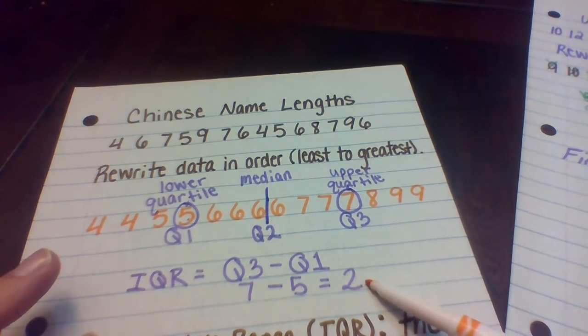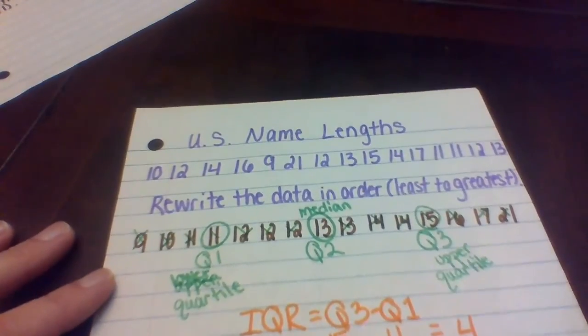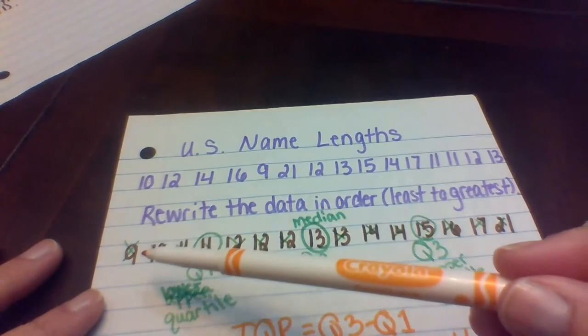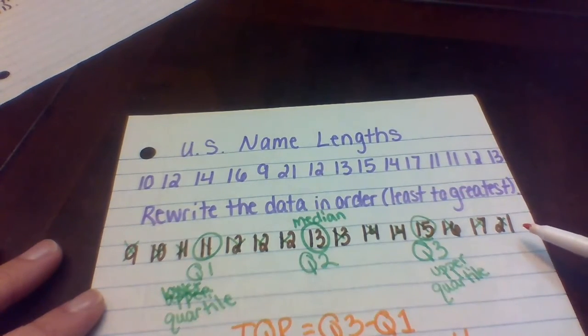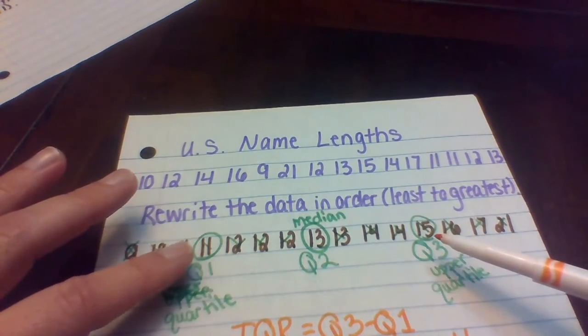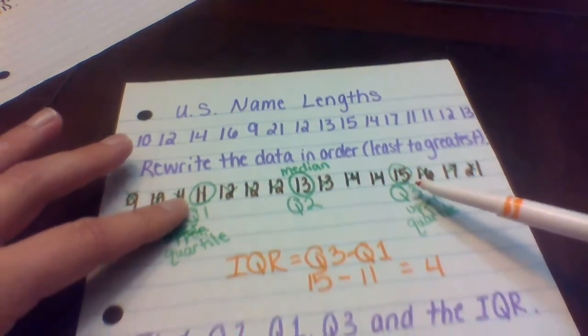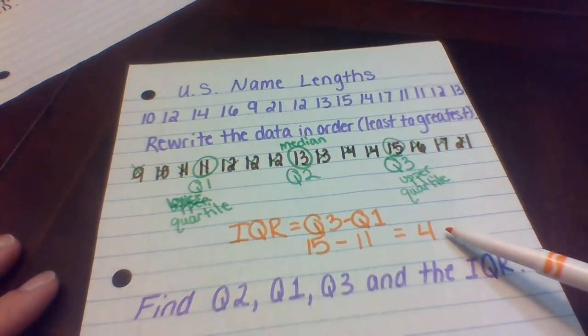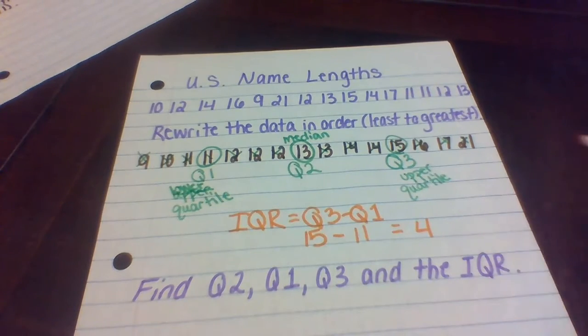Their IQR, interquartile range, is shorter. The United States name lengths were longer. They ranged from 9 all the way to 21, and the quartiles ranged from 11 to 15, which gave us an IQR of 4. So their range is a little bit larger than the Chinese name length because the US name lengths are a little bit longer.